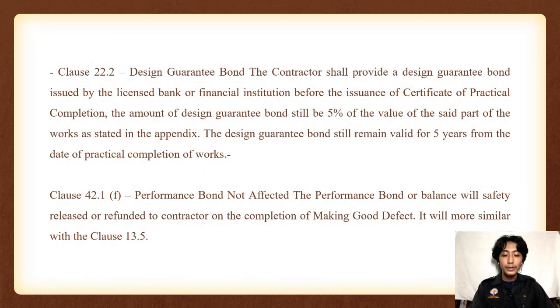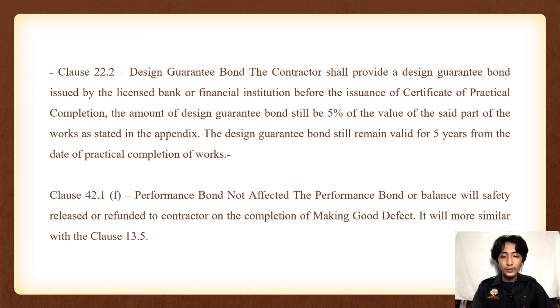So, for PWD Form 203A, clauses 22.2 and 42.1 are not mentioned in the PAM Contract 2018, which is the difference between these two forms of contract for performance bond.